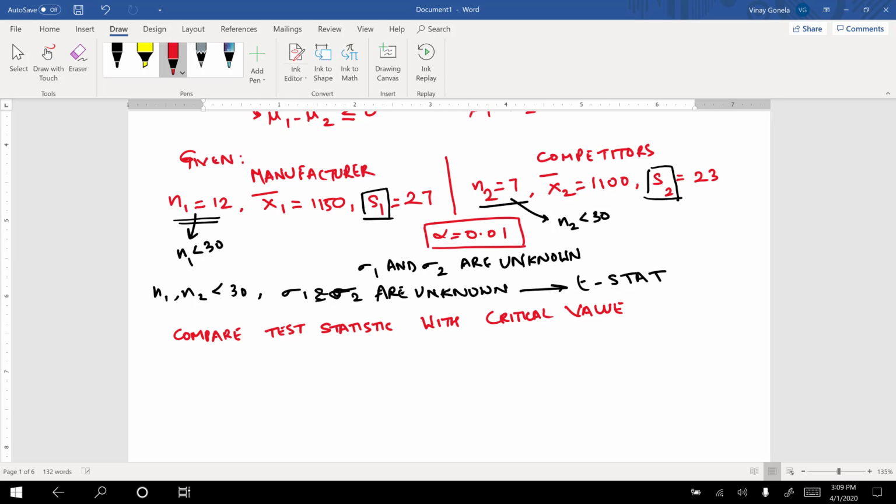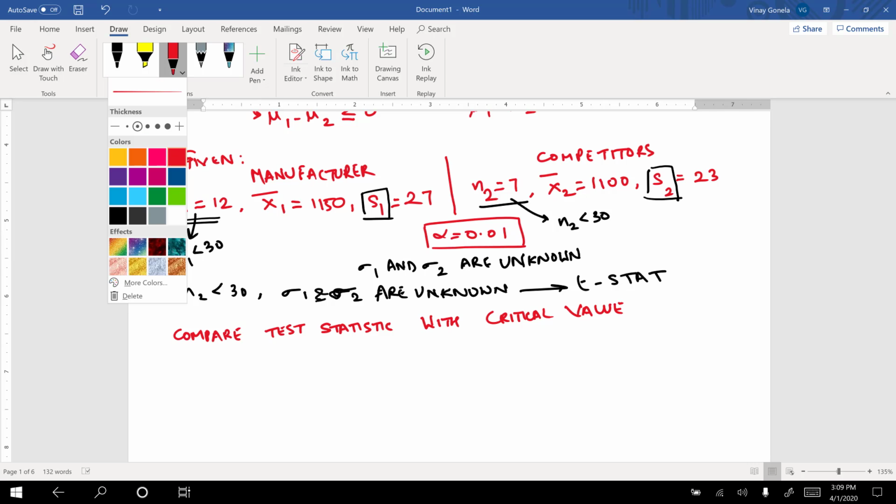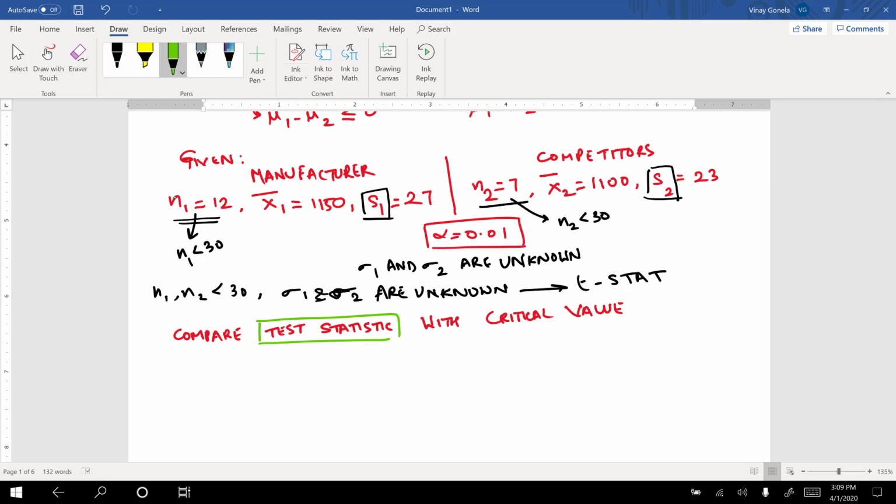Irrespective of whether it is a one tail or a two tail problem, the test statistic formula will always be the same. In this case we are using t-stat, so the test statistic formula will be x1 bar minus x2 bar minus mu1 minus mu2, divided by the square root of sp squared times 1 by n1 plus 1 by n2.